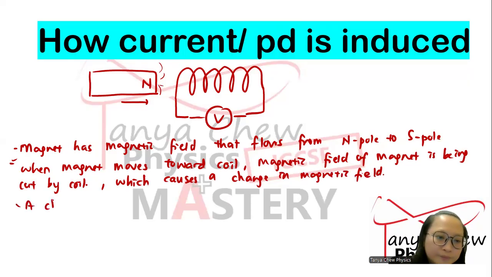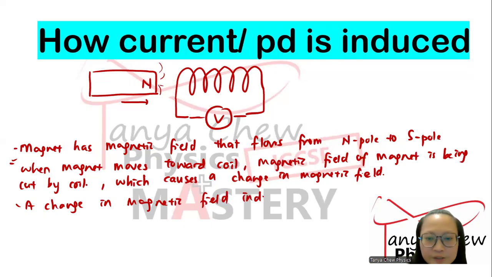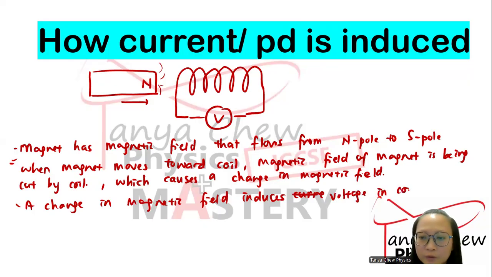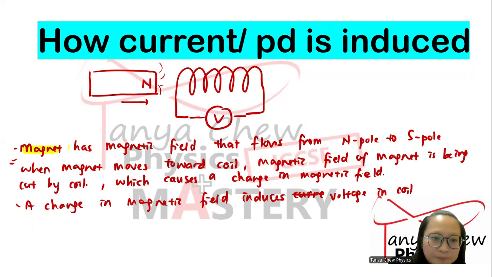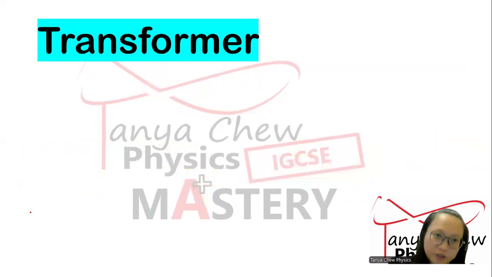A change in magnetic field induces current, induces voltage or EMF in the coil. That is why the voltmeter deflects. Is that okay? The magnet has a magnetic field and the magnet moves towards the coil. The magnetic field is cut by the coil, a change in magnetic field. So a change in the magnetic field can induce the current or the PD, voltage.